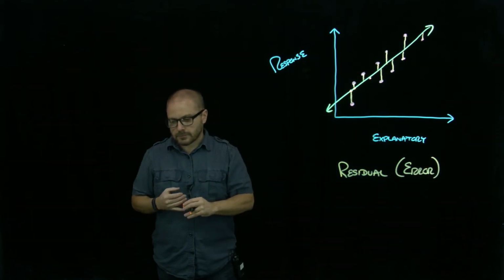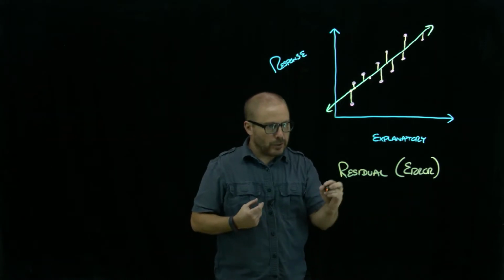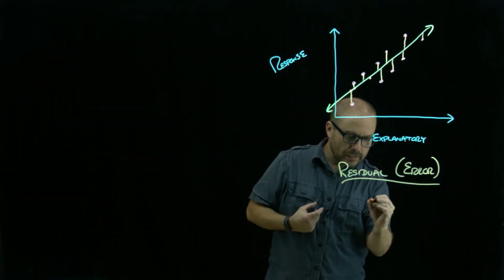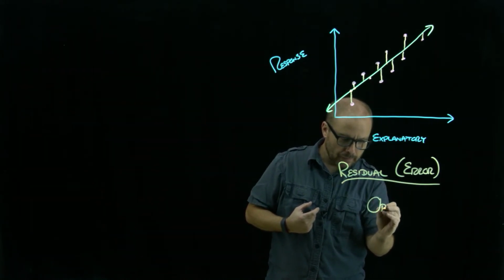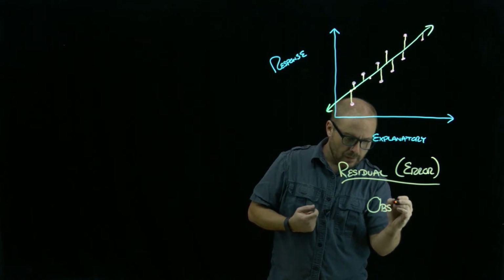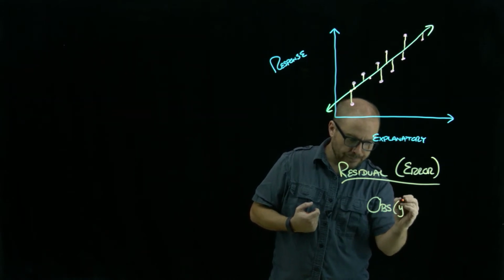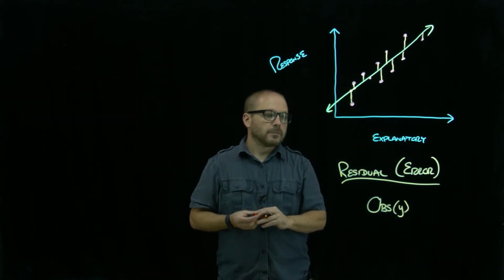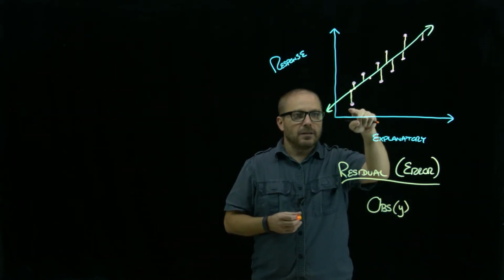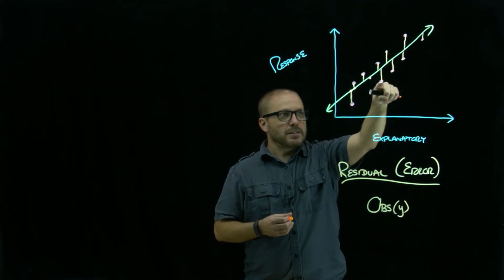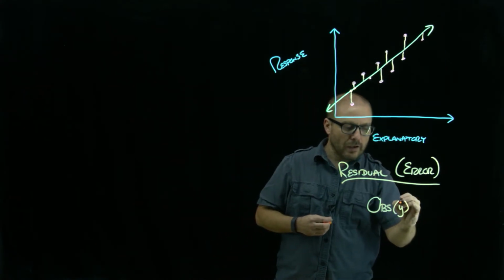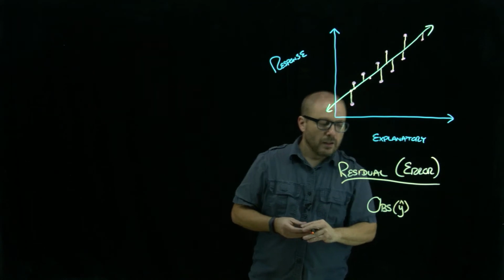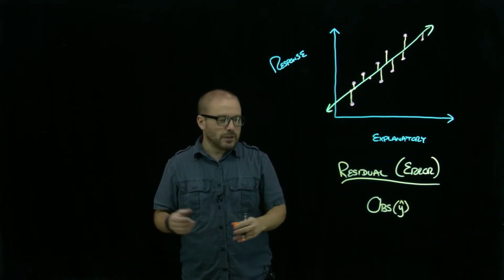It's computed by taking your observed y, and because that comes from our sample, we often put a hat on it, just like we did for proportion.